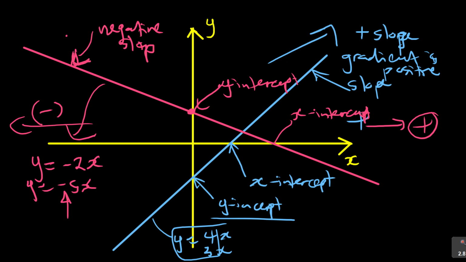The last thing I'll put into your mind is that every time you say x-intercept, put a bracket, just know here y is equal to 0. When you say y-intercept, put a bracket, you must know here x is equal to 0. Are you with me?